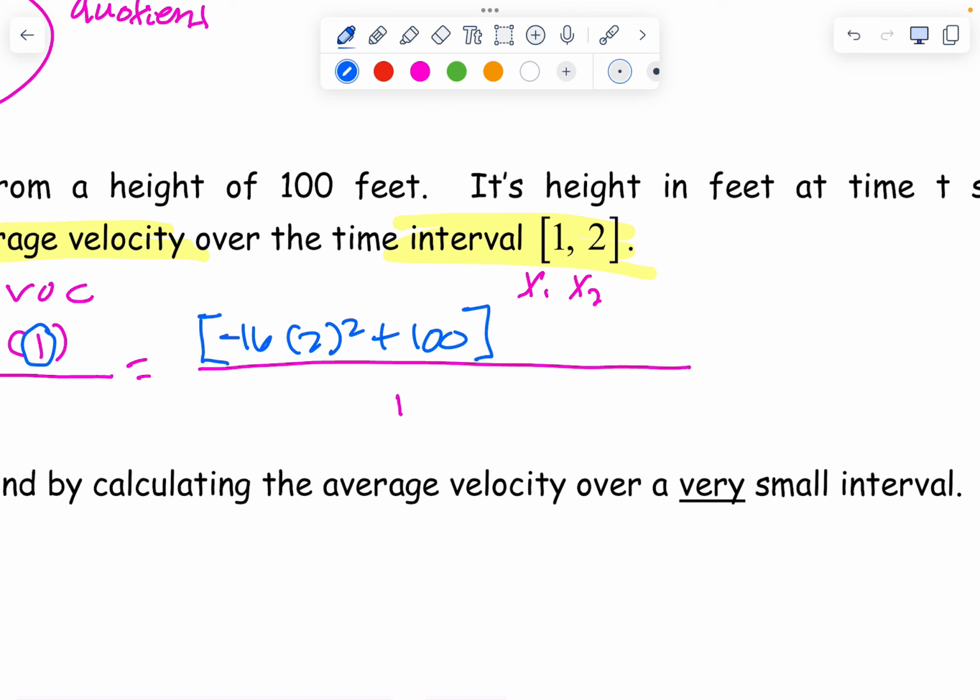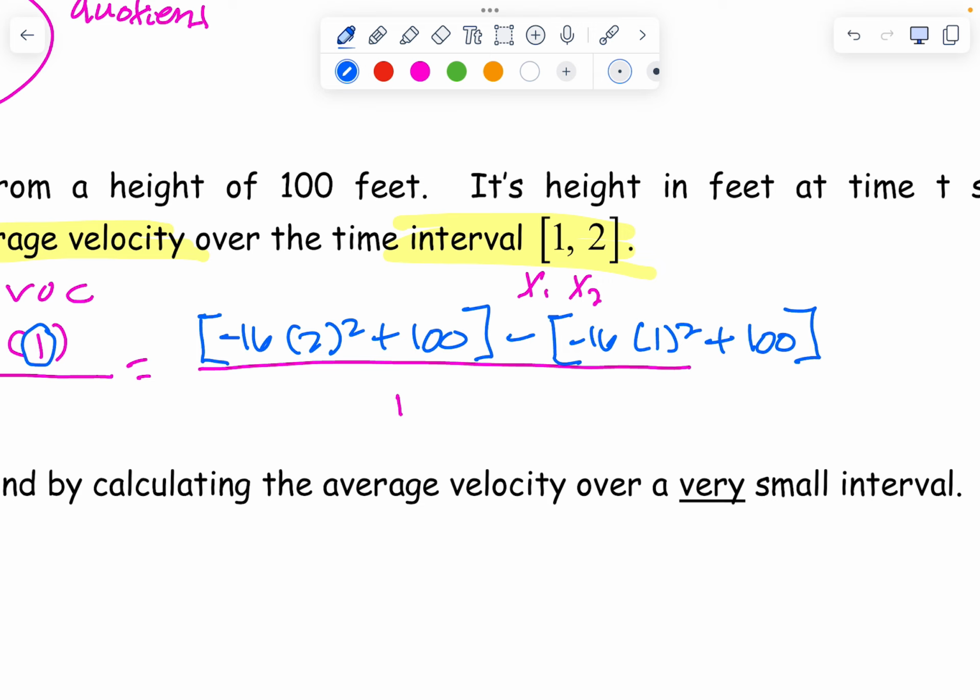Close the bracket. And on your Desmos or on your calculator, your bracket is parentheses. Minus another bracket. And that bracket is very important because sometimes there may be a binomial, trinomial, something greater than a monomial. So we may have to distribute. So we have negative 16, 1 squared plus 100.